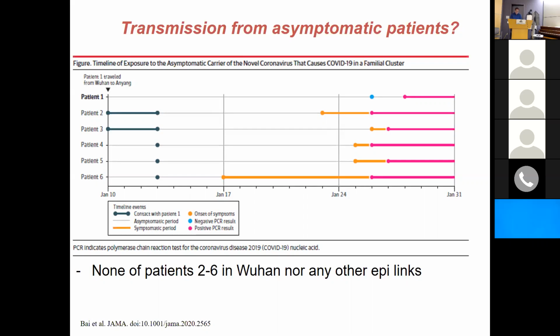And the only reasonable link for all those patients, 2, 3, and also the other patients, was contact with that index patient who came in from Wuhan. And that Wuhan patient was tested positive later on in the absence of symptoms. So again, suggesting transmission from an asymptomatic carrier.